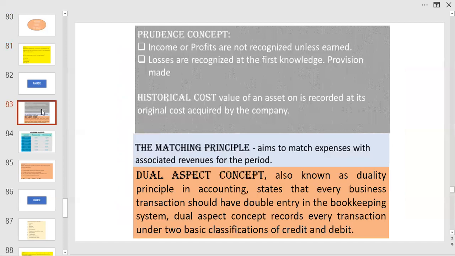First, there is the dual aspect concept, that is merely double entry. Every entry has another corresponding entry. So this is what we call the dual aspect of the entry.